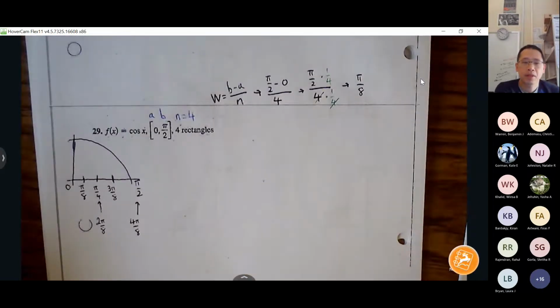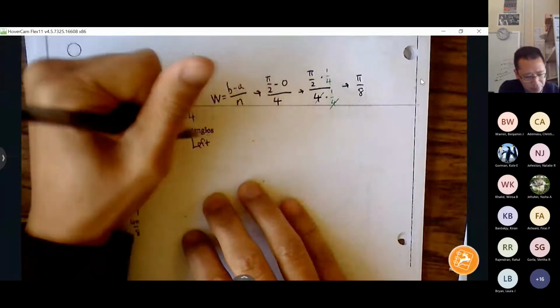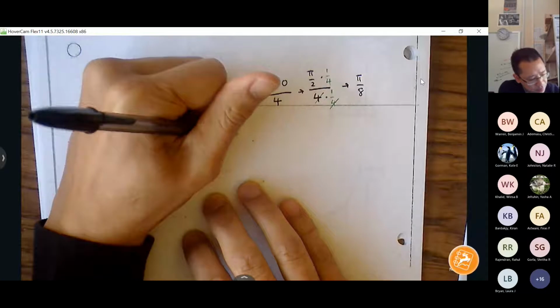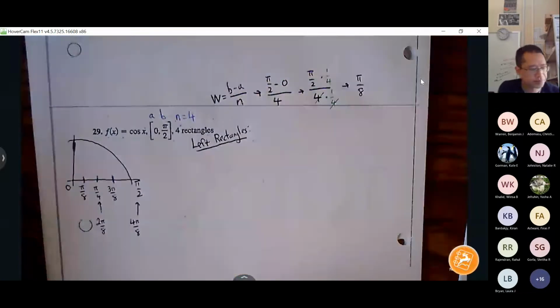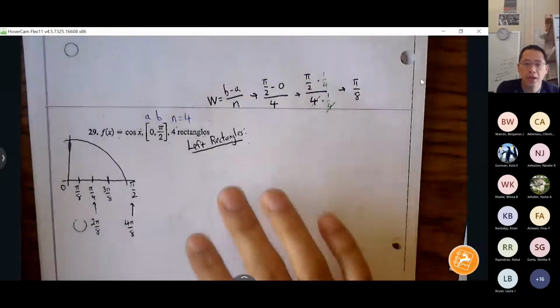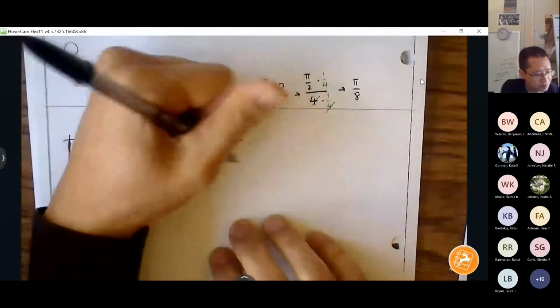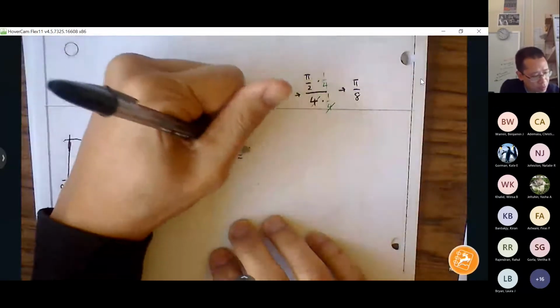Okay, let's start off with left rectangles. We know that the area of a rectangle is formed by width and height. We know the width is all going to be pi over 8.